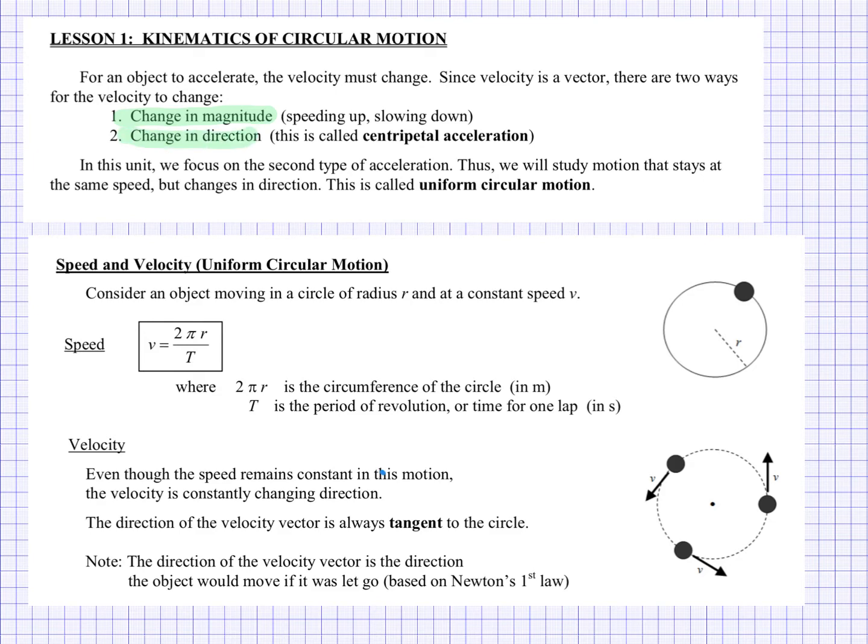If you have a uniform speed, but a changing velocity, that must mean you have circular motion, and that is called centripetal acceleration. Okay, you have a changing velocity, but a constant speed. You must be going in a circle, and therefore you have a centripetal acceleration. Okay, this is the definition of uniform circular motion.